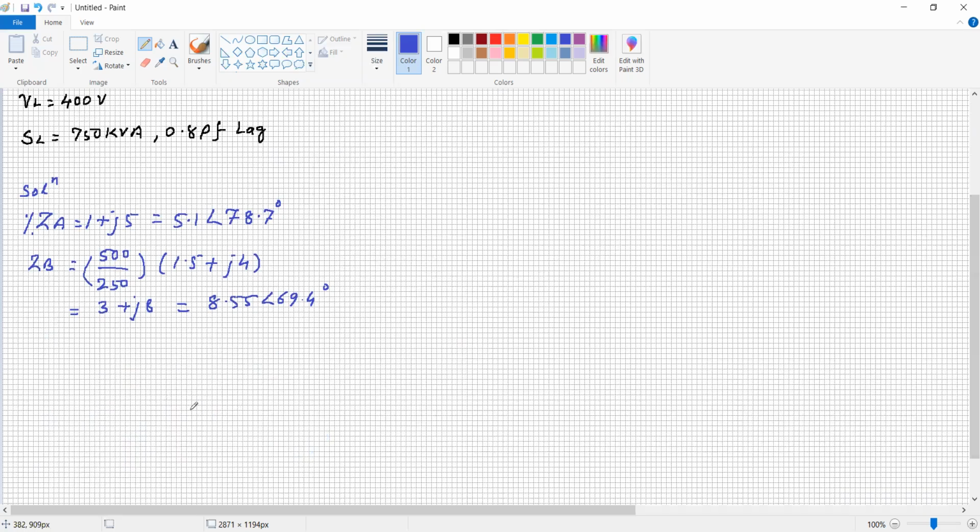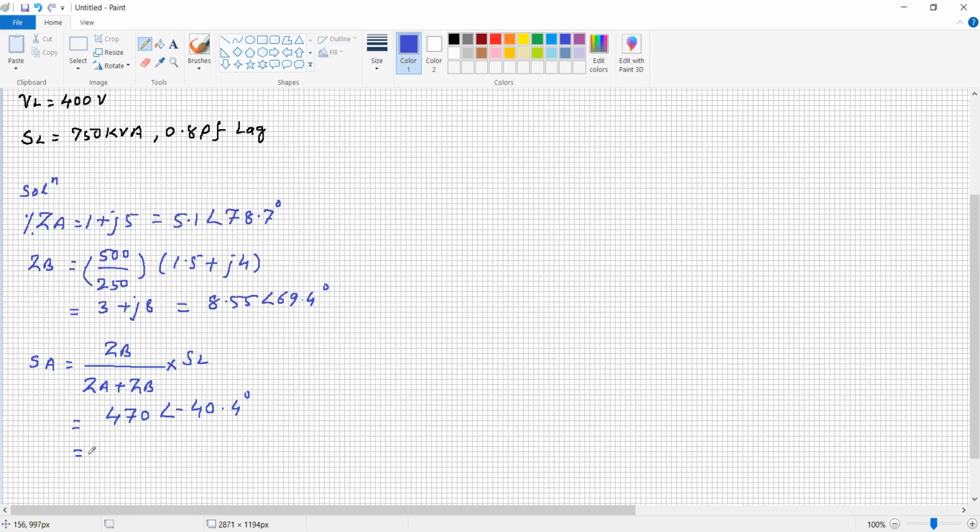Okay. Now, SA and SB. SA is equal to ZB upon ZA plus ZB into SL. So if you put the values of this one, we'll get 470 at an angle of minus 40.4 degrees.